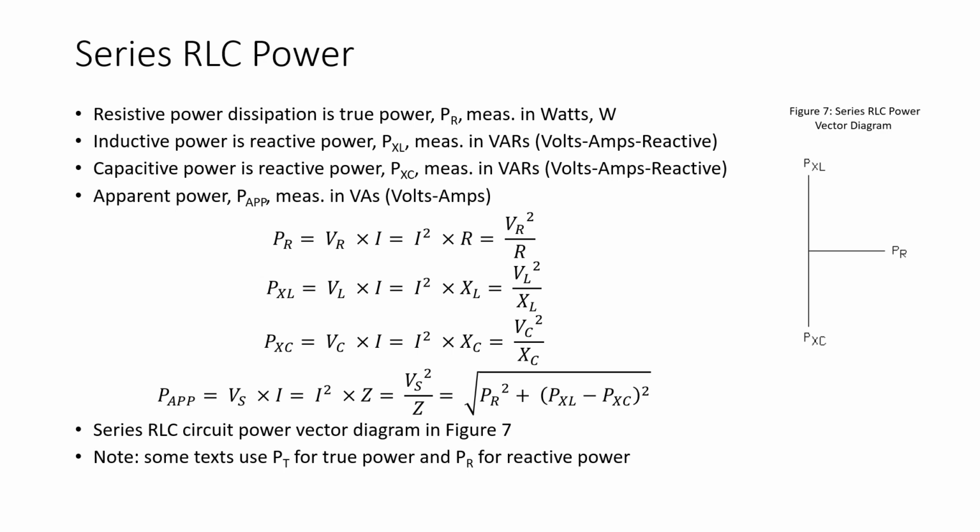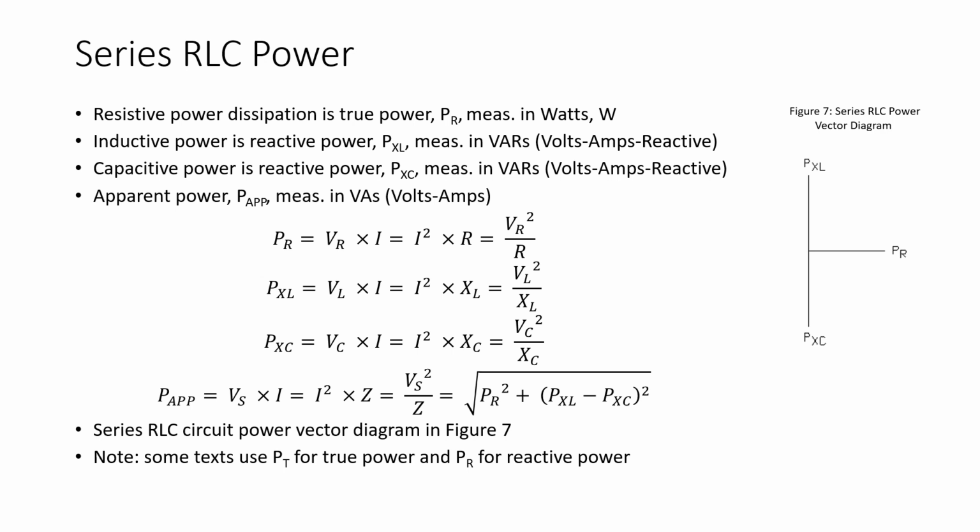Mathematically, the resistive power, the true power, can be calculated with three different formulas: VR times I, I squared times R, and VR squared divided by R, and the same for the inductive power and the capacitive power.